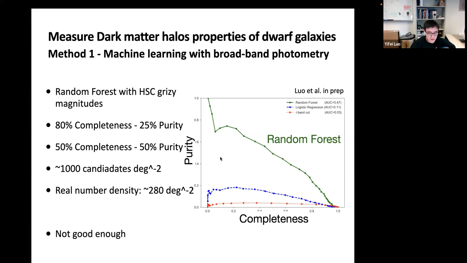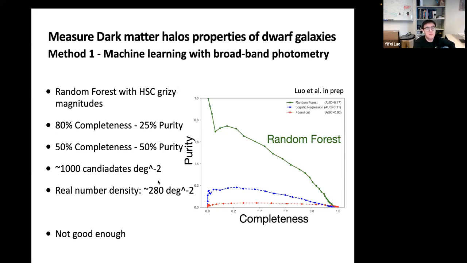As you can see, if we build a simple random forest machine learning algorithm, we can only get 50% completeness of dwarf galaxies with 50% purity. That's not good at all, and it would leave you about 1,000 dwarf galaxy candidates per square degree on the sky, while the real number density is about 220 per square degree. So it's not good. However, it can be used to do some follow-up spectroscopy.